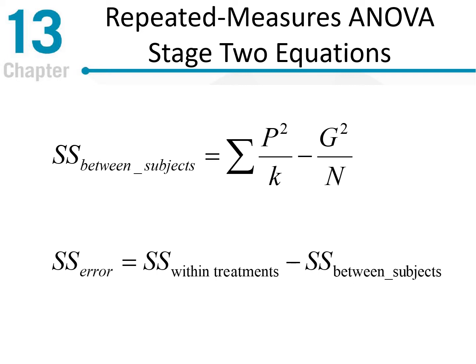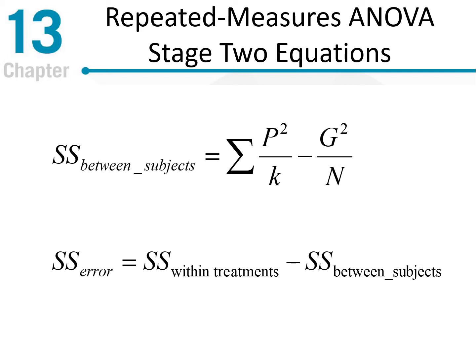Now here are the new equations. You need to find the sum of squares between subjects. So you're going to add up the participants, capital P. Capital P is the sum of all the rows. Capital T is the sum of all the columns, which are the treatments. Capital P is the sum of the rows, so every individual gets a different row. Capital P is just the sum of that individual's scores across all the treatments.